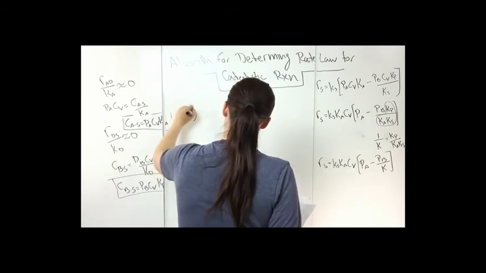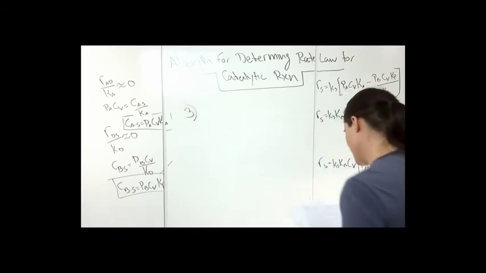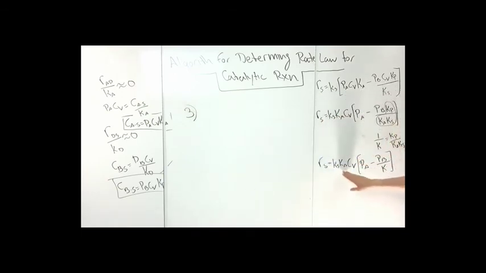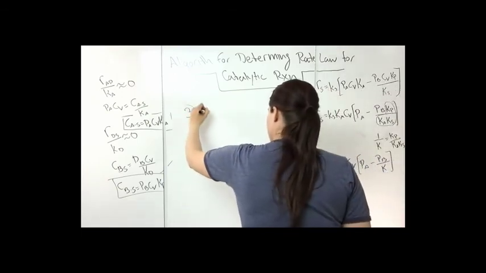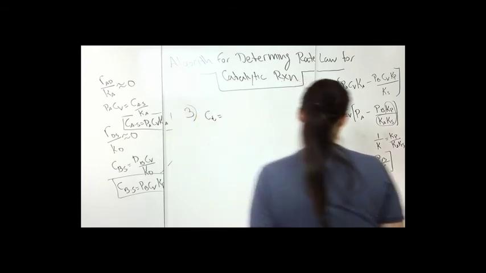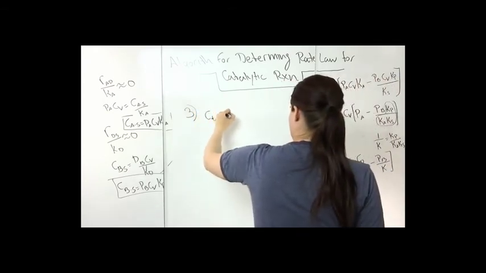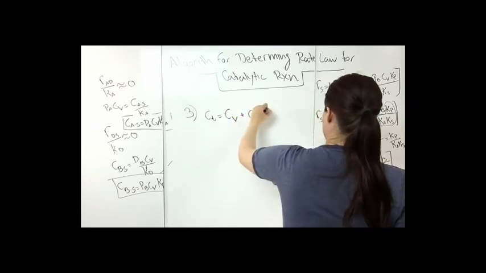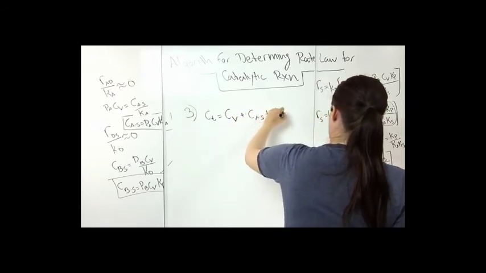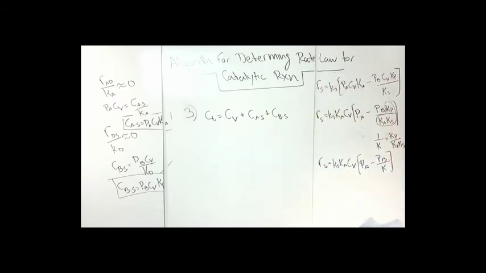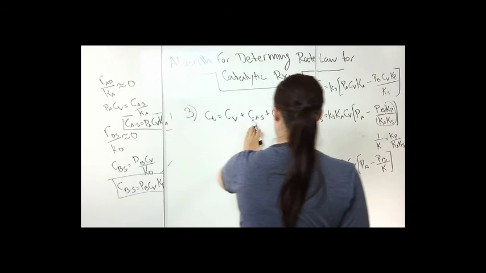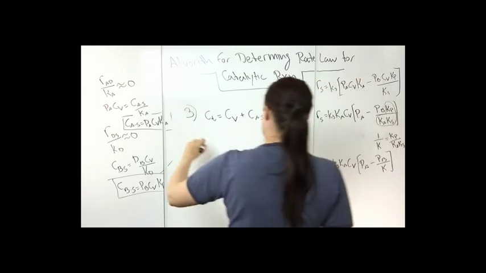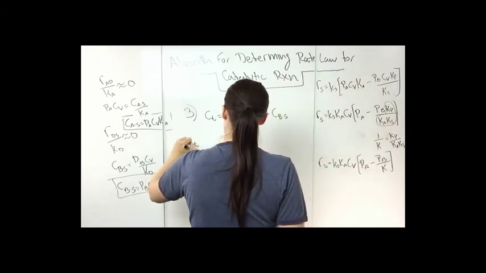Step number 3 is to write a site balance. We know that the total concentration of sites is equal to the concentration of vacant sites plus the concentration of sites with A plus the concentration of sites with B. What we can do is solve this for CV, and we already know what CAS and CBS are, so I'm going to write that.